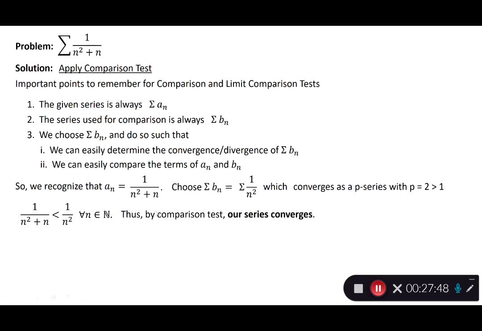Does it kind of make logical sense as to why a series with smaller terms should converge? Yeah, the terms of 1 over n square are bigger than the terms of 1 over n square plus n. And these bigger terms themselves added up to a nice finite number. That's what a converging series means.